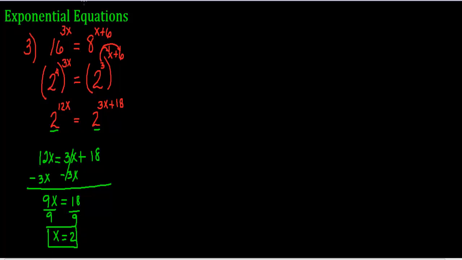Okay, now let's say you did not notice that you could rewrite them as base 2, and you decide to do log on both sides, which is your other option. So let's see what happens when we do that. It gets very complicated, but it's a good idea that you see it so that you recognize it. So let's rewrite it. 16 to the 3x power is equal to 8 to the x plus 6 power.